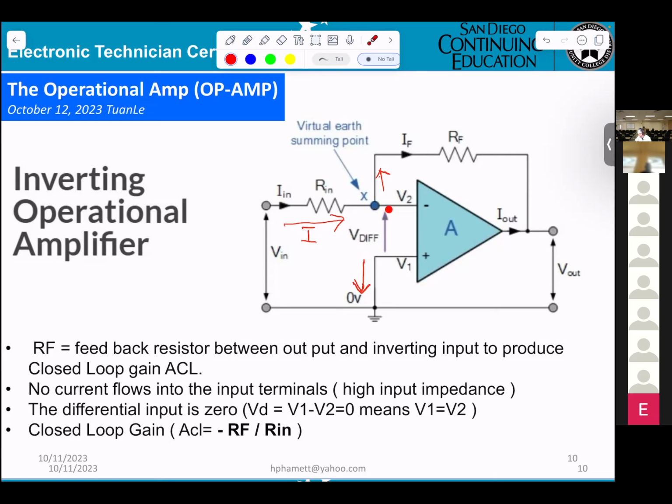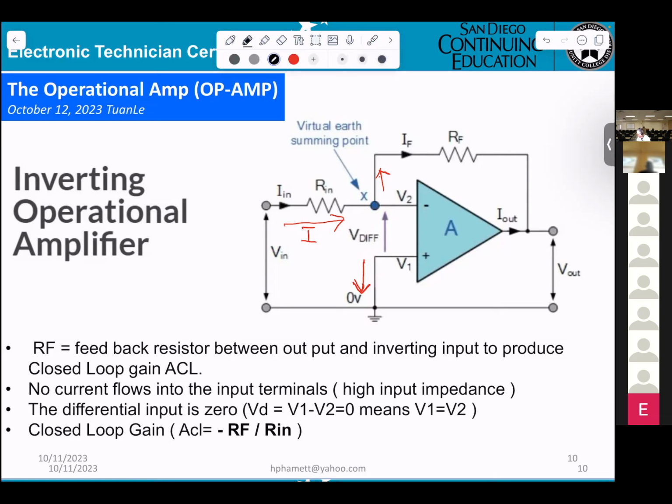Okay, first thing, they do not go inside the op-amp because of high impedance. Second thing, why are they not going down here? I tell you why. This is 0 volt, this is 0 volt, at the same voltage. Current cannot flow. Correct?